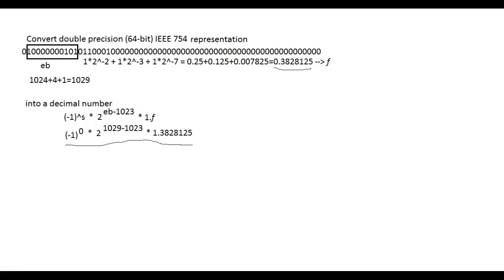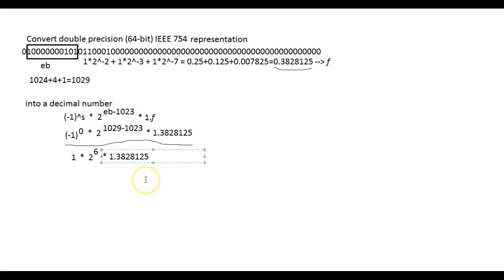When we do that, negative 1 to the 0, anything to the 0 power is just 1. And then this is going to be 2 to the 6th power. And then we have times the rest of it, times 1.3828125.